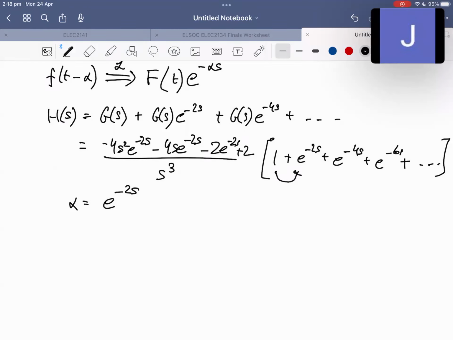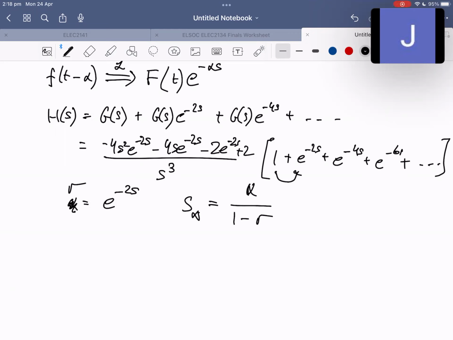So when you have an infinite sum like this, as long as the modulus of the ratio r is less than 1, then you can use the infinite sum formula, which says that S of infinity is a over 1 minus r, where a is the first term.